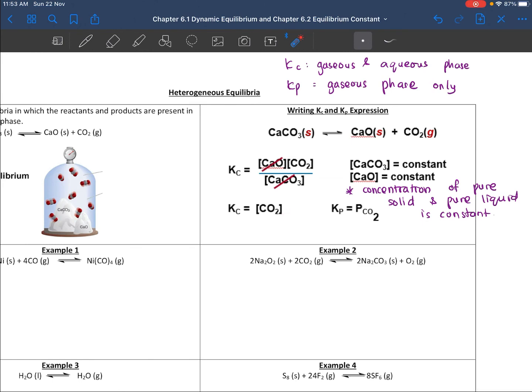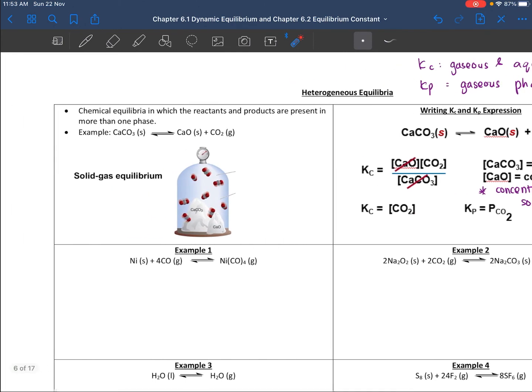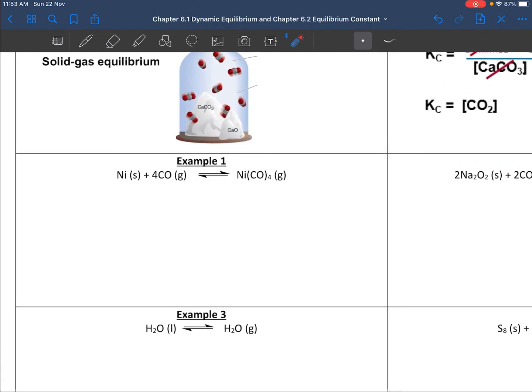Okay, alright. And then next kita cuba example. Nak faham kan? Okay, so kita tengok example 1. Nickel solid plus 4CO gas menghasilkan NiCO4 gas. Okay, so kalau saya suruh kamu tulis Kc for this one, kamu kena ambil produk. Okay, so since produk dia adalah gas, so kita boleh tulis concentration NiCO4, okay, sorry, square bracket, and then depan dia 1, so ini pun 1 lah, over.